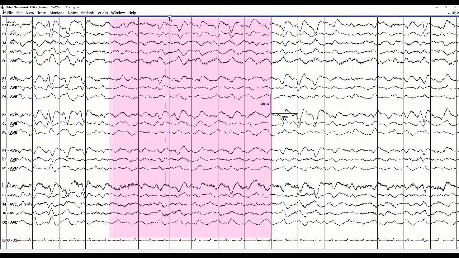The obsolete term is FIRDA, or frontal intermittent rhythmic delta activity, but that's obsolete. So we say GRDA, which is generalized rhythmic delta activity.